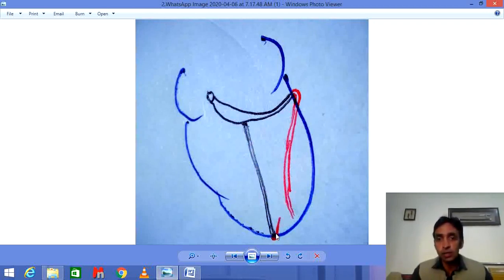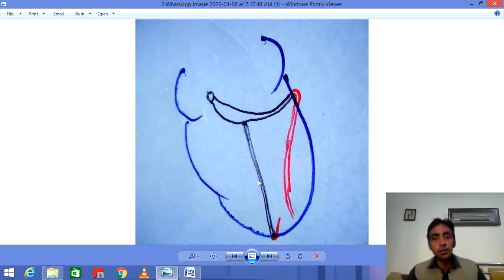This part of the heart is apex, and this part of the heart is base. The upper part of the heart is base while the lower part of the heart is apex. So from the coronary sinus, a blood vessel arises posteriorly which goes from the posterior side to the anterior side at the apex.